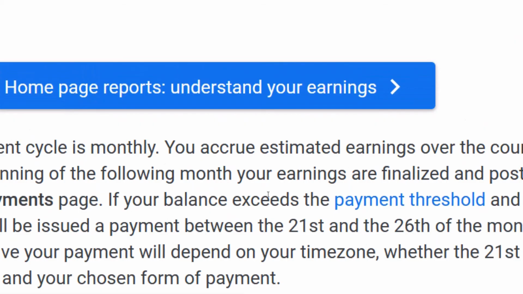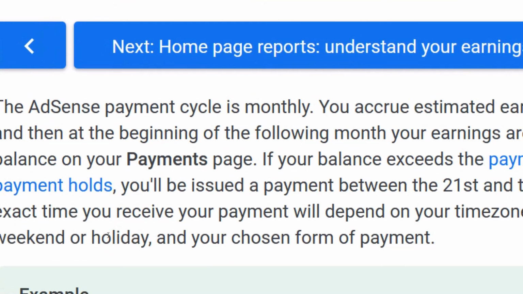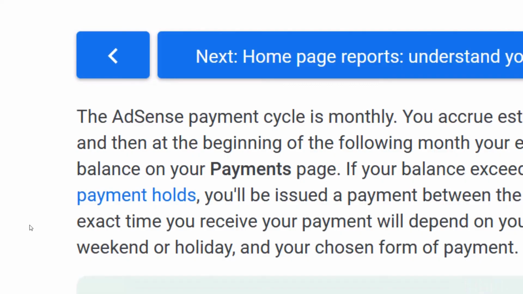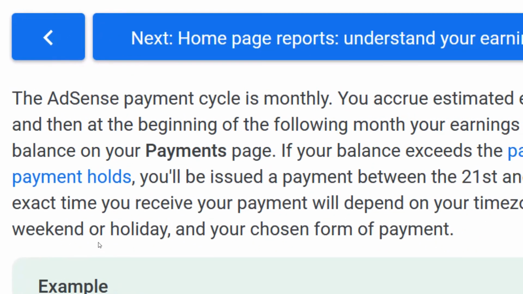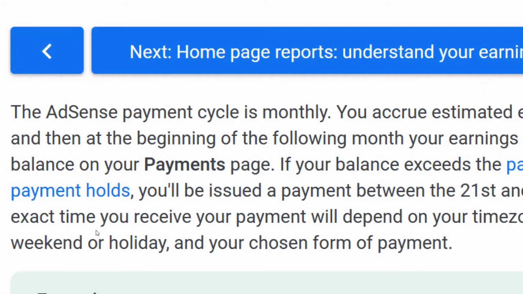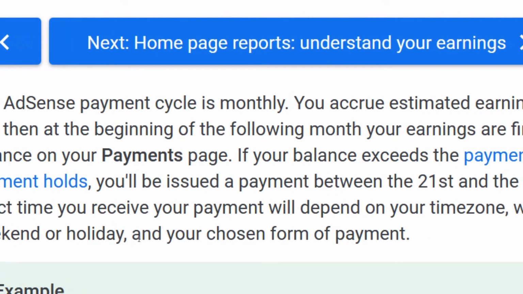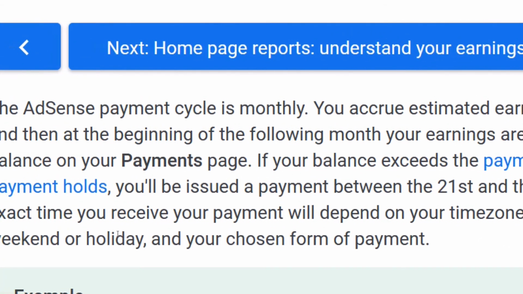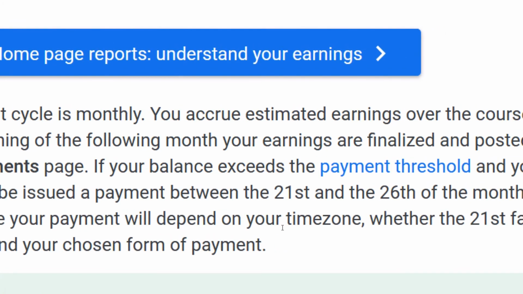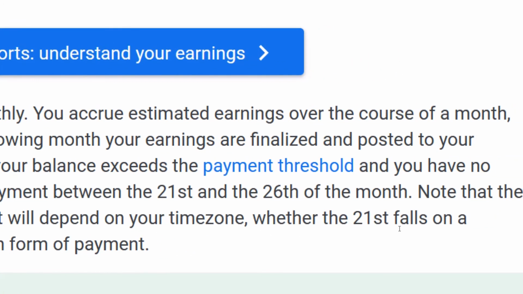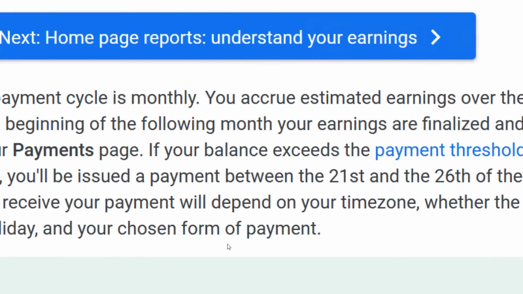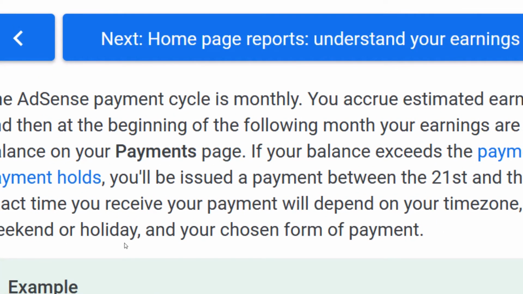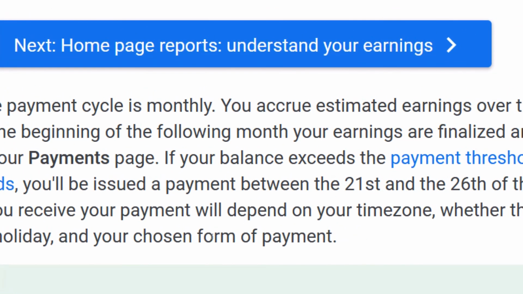Note that the exact time you receive your payment will depend on your time zone, whether the 21st falls on a weekend or a holiday, and your chosen form of payment.